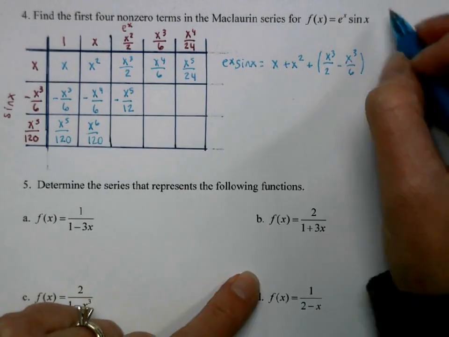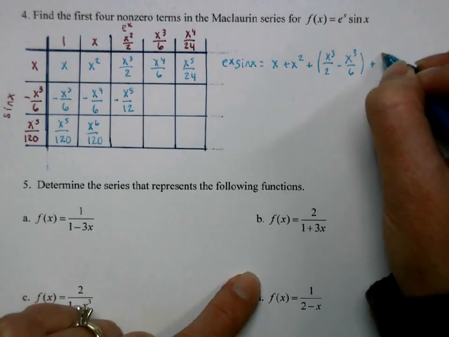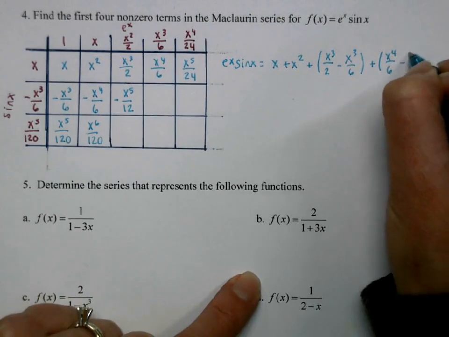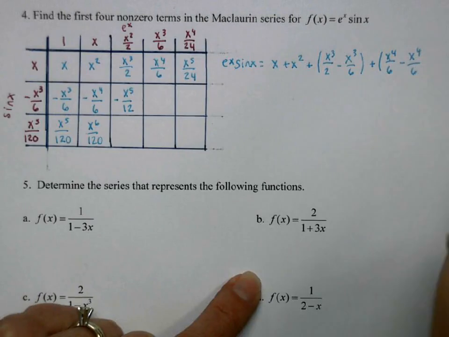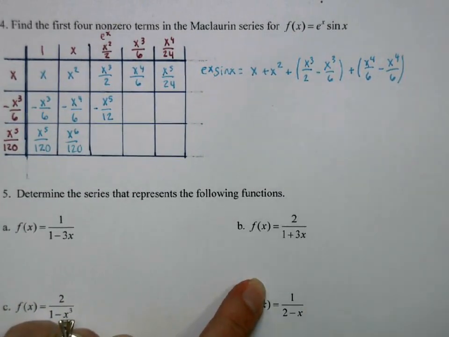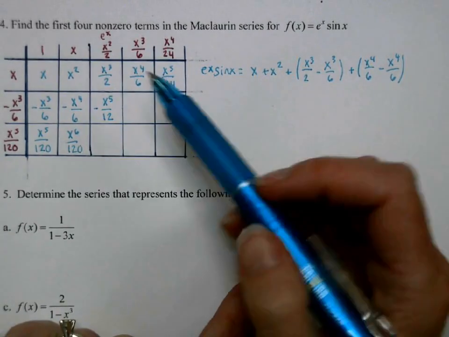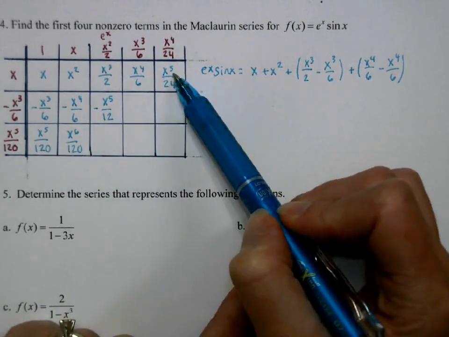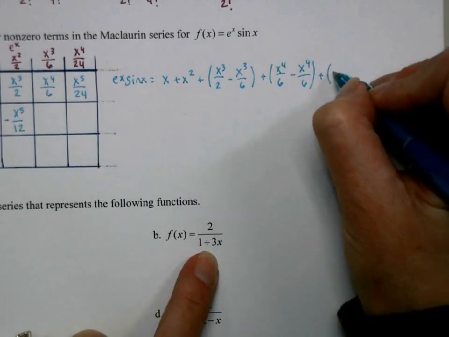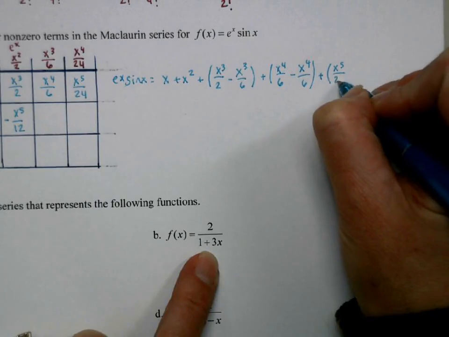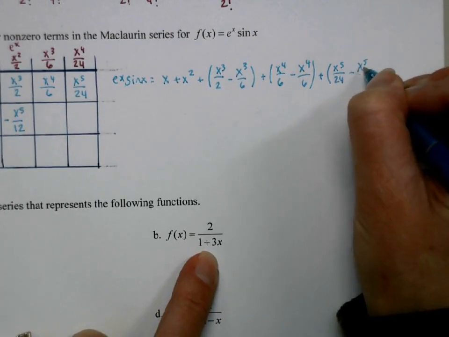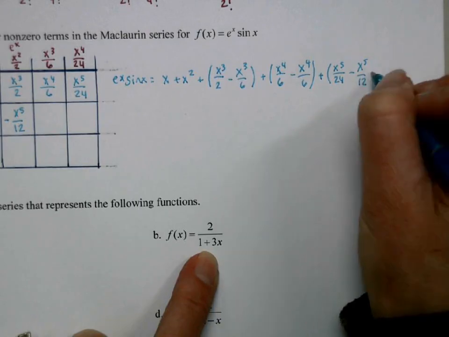But unfortunately, it would be nice if we could stop there. But we're going to have x to the 4th over 6 minus x to the 4th over 6. So those terms end up canceling each other out. And then my last ones are going to be these 3. Okay, so I'm going to have x to the 5th over 24 minus x to the 5th over 12 plus x to the 5th over 120.